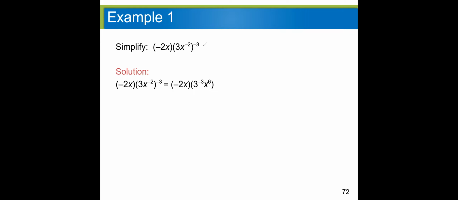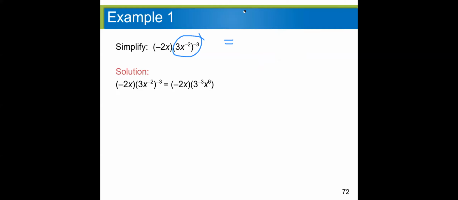This translates into 1/3 x to the negative second times 1/3 x to the negative second times 1/3 x to the negative second, which in itself means x squared over 3 times x squared over 3 times x squared over 3. That's a pain. So instead of doing all that work, just give it a view.